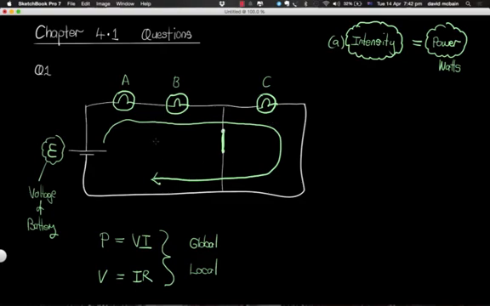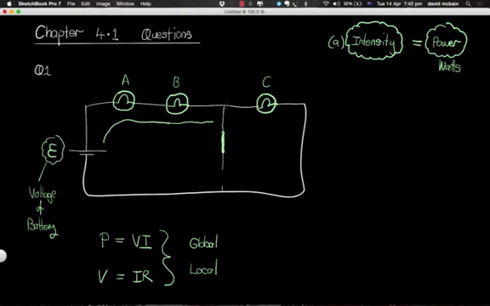So that means, therefore, that once we close this switch, we've changed the path of the circuit, because now when the current comes out of the battery and passes through these first 2 globes, it reaches a junction.